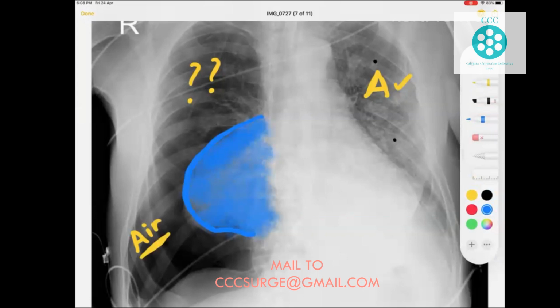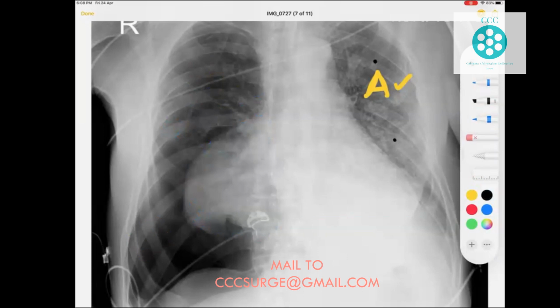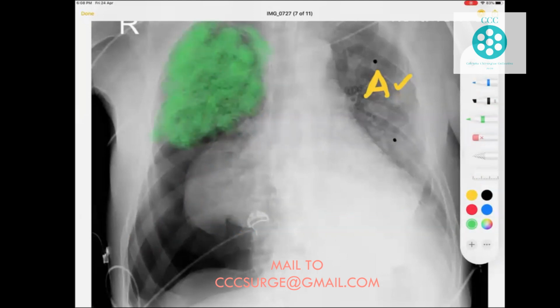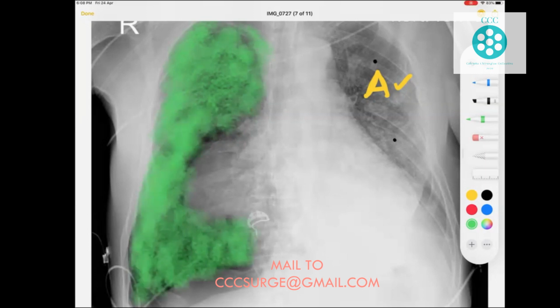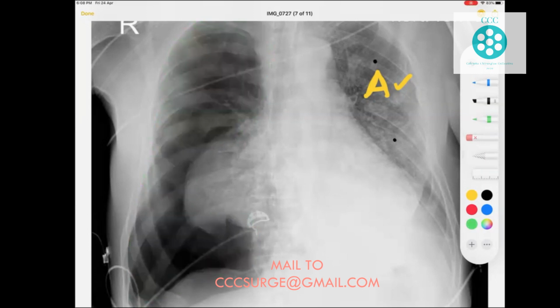So this picture means this is a lung which has collapsed, and the lung collapse is only because you have a huge amount of air. Can you show me the air in this one? Yes, I can, sir. Now see, oh my God, the whole blackness is here. So if you have air in the pleural cavity, how does it look?